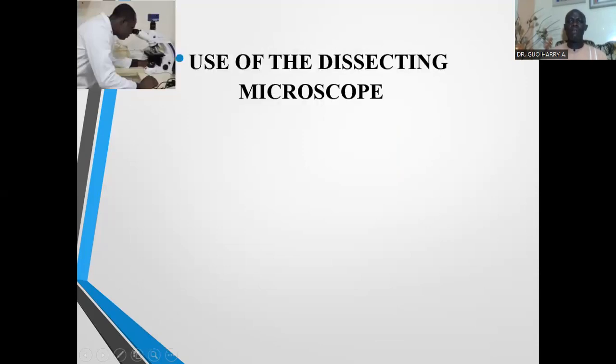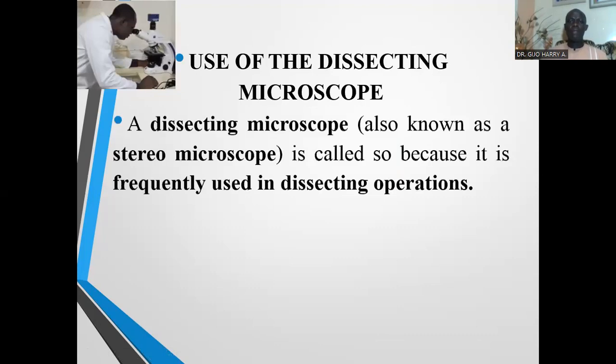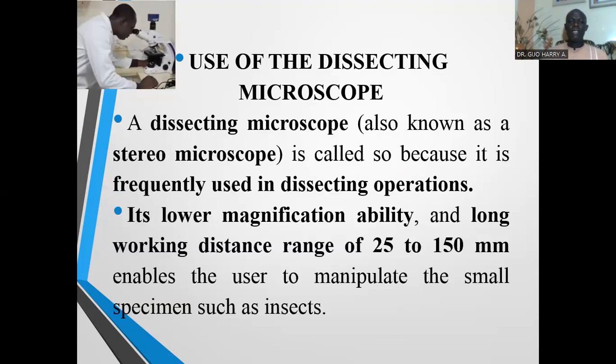Now, uses of the dissecting microscope. A dissecting microscope, also known as the stereo microscope, is called so because it is frequently used in dissecting operations. Its lower magnification ability and long working distance range of 25 to 150 millimeters enables the user to manipulate small specimens such as insects.